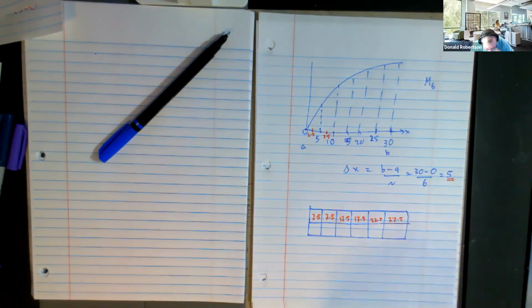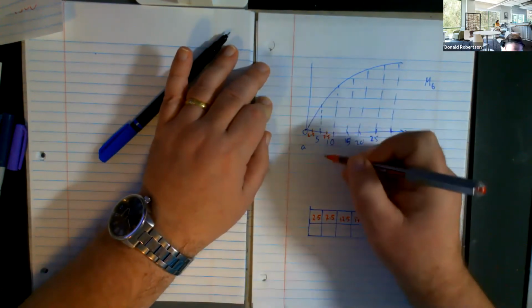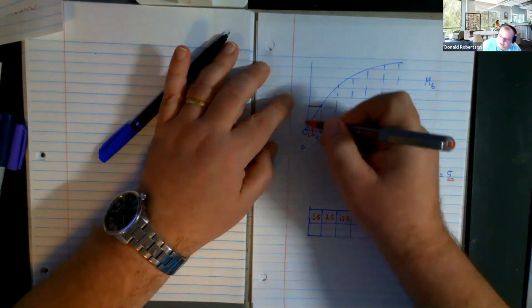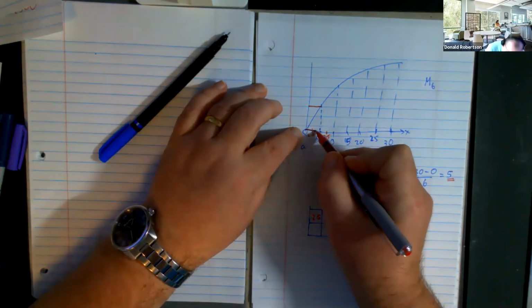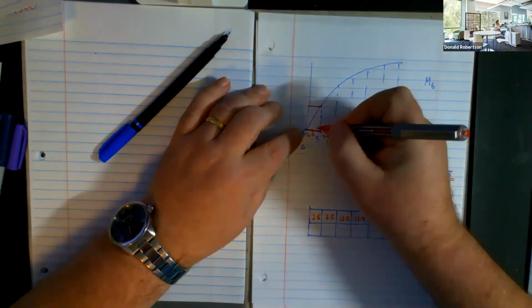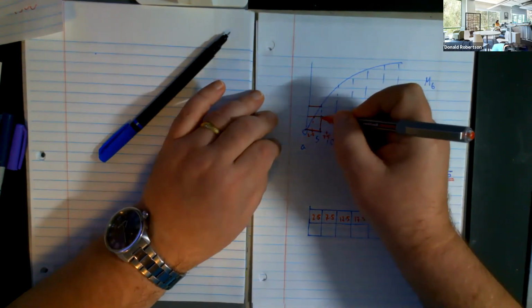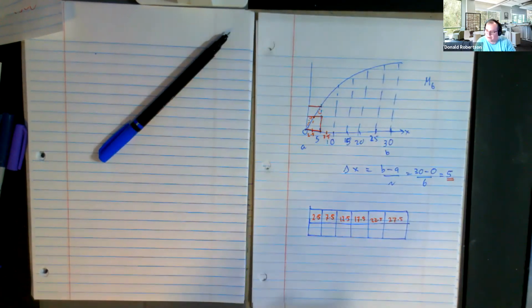Now, if you want to visualize why a midpoint is a better answer than a left or a right, let's look at this first rectangle. If I used the right-hand side, wouldn't I get a very big rectangle? Overestimate. If I used the left-hand side, wouldn't I get 0 rectangle? But if you use the midpoint, do you see you get a rectangle where some of it is not being used up, but some of it is shy? Do you see that they kind of balance each other out? Choose this one here.